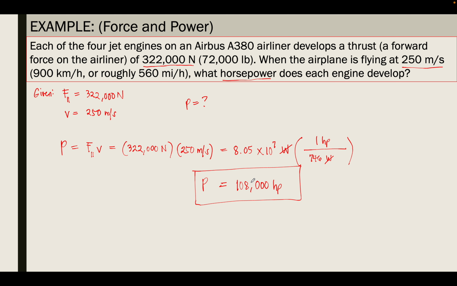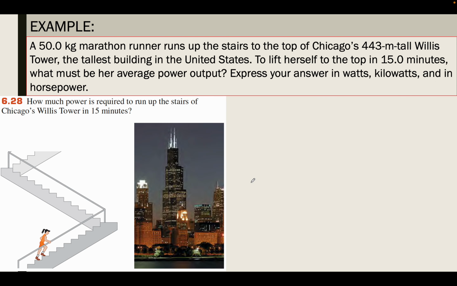Okay, so we also have our second example. A 50-kilogram marathon runner runs up the stairs to the top of Chicago's 443-meter tall Willis Tower, the tallest building in the United States. We have here the figure in figure 6.28.